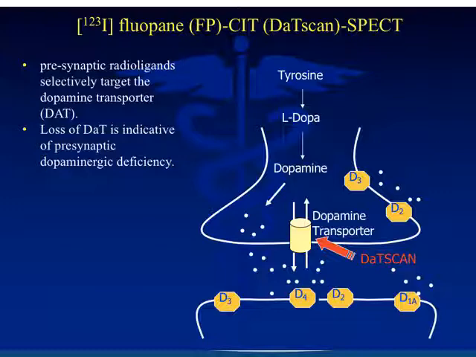If you don't have enough dopamine transporter, the radioligands will not be able to bind to the transporter, and then you will see reduction of uptake of the radioligands in this area of the brain. So in that case, it's an abnormal scan, indicative of a presynaptic dopaminergic deficit. Parkinson's disease is one of those conditions that can cause presynaptic dopaminergic deficiency.